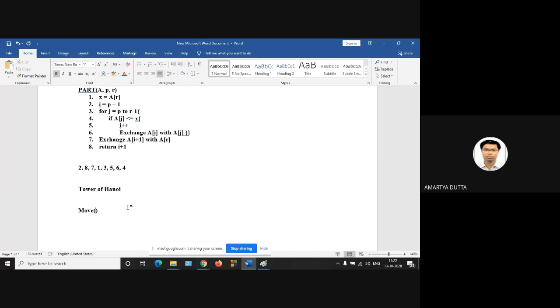The first argument is the number of disks, so int n. The next one is character source. The second one is character destination, and the last one is character auxiliary.